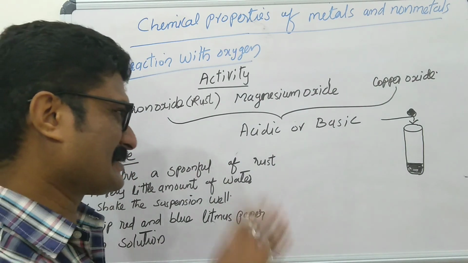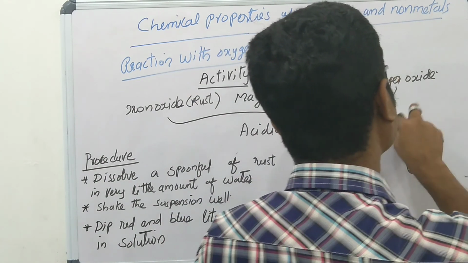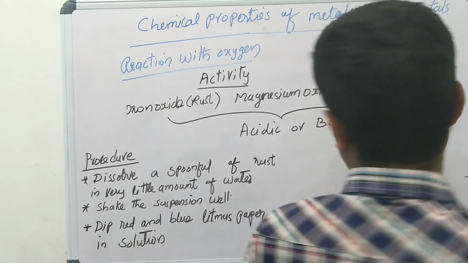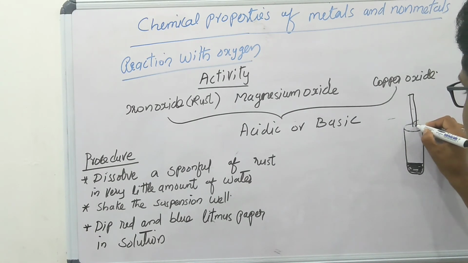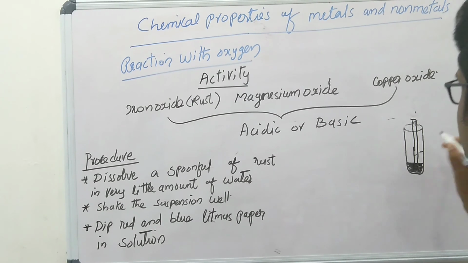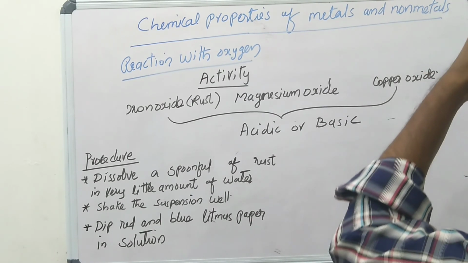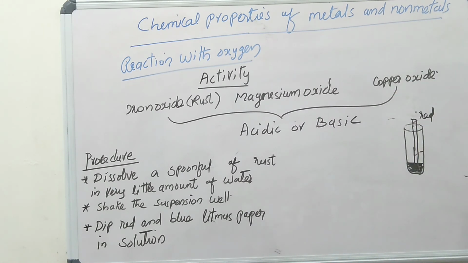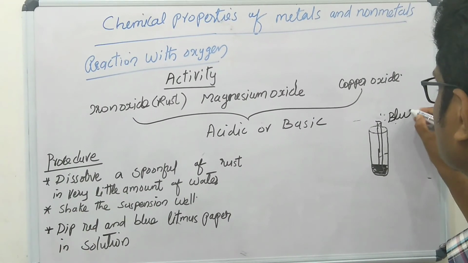Afterwards you have to dip first a red litmus paper into this suspension. Next dip a blue litmus paper in the solution.